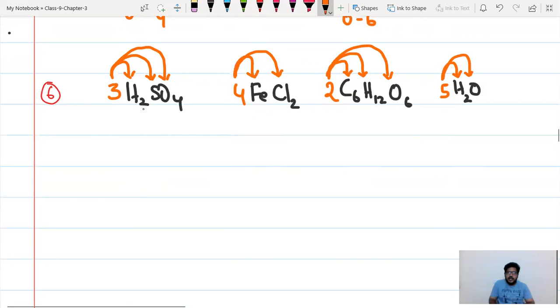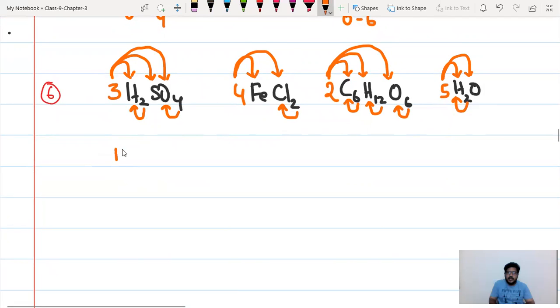Now 2 should be given to only hydrogen. For sulfur, no. For oxygen, 4 is given. Nothing is given for iron, 2 for chlorine. In third example, 6 for carbon, 12 for hydrogen, 6 for oxygen. In this fourth example, 2 for hydrogen, nothing for oxygen.